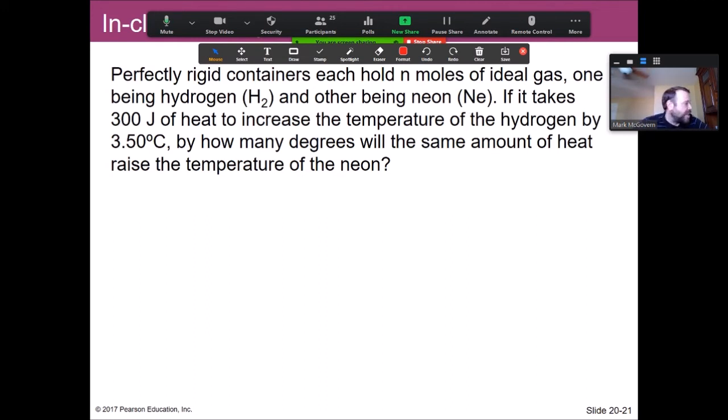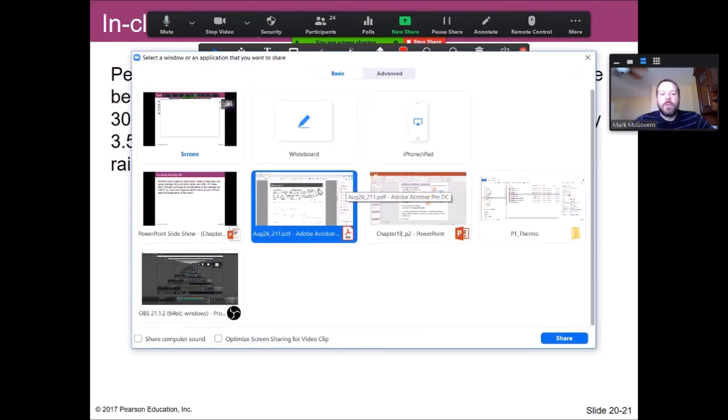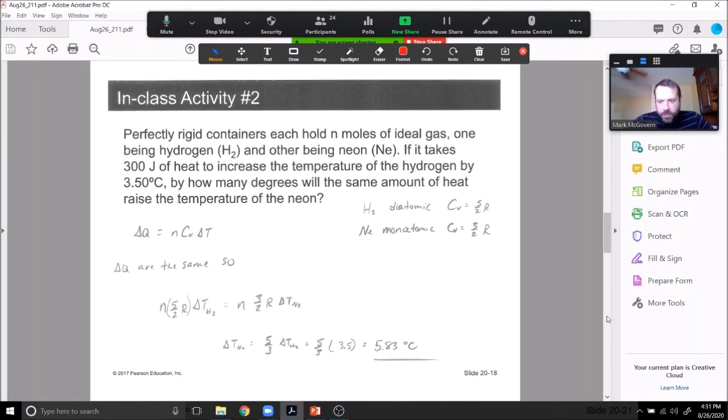All right, so the only difference here really is this. Remember, diatomic 5/2, monatomic 3/2. So we equate the two delta Qs. We have n, 5/2 R, delta T. We have n, 3/2 R, delta T. R's drop out, moles drop out, and we end up with the neon experiencing a greater temperature difference by a factor of 5/3, about 1.6.